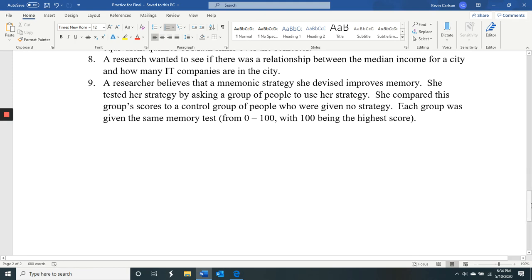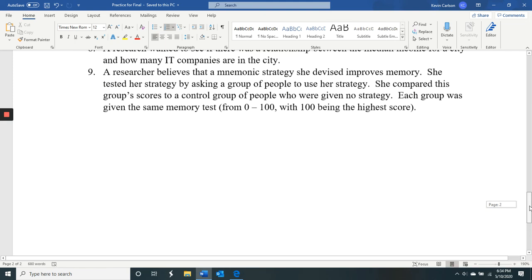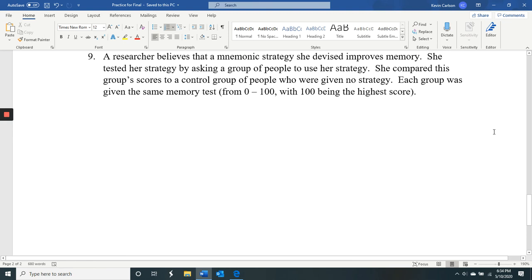I think we have one final example here. Go ahead and read this, and you can pause it if you want to test yourself. It's whether there are certain strategies that improve your memory. So using a strategy, and does it improve your memory? So this seems to be the 2 variables.